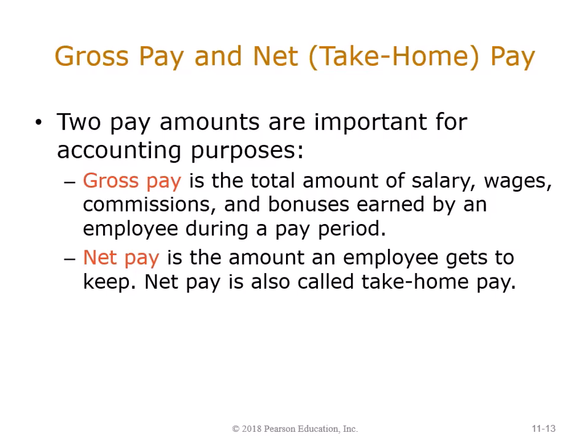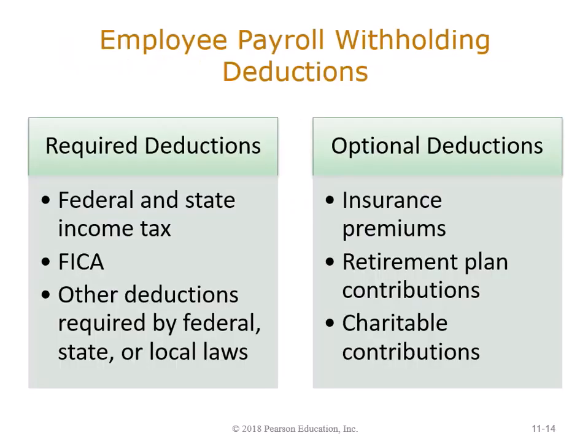However, he does not get to take home $645 because there are going to be lots of deductions from his pay. The amount that he actually gets to take home is going to be net pay. We also commonly call that take-home pay. And we're going to look at some common examples that account for the difference there.